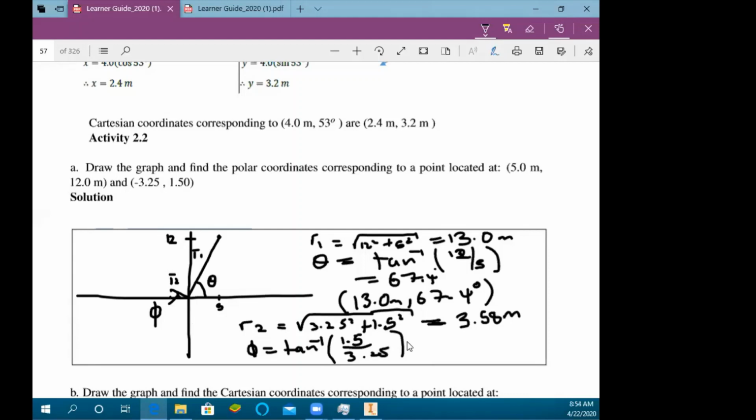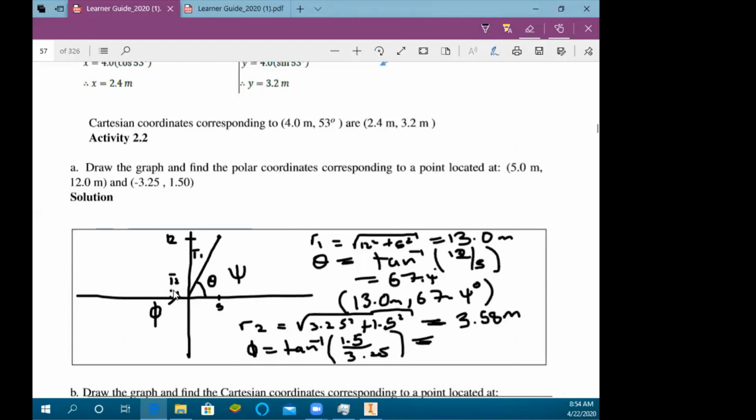No, it doesn't matter because it will give us the value of this angle. Remember, I said this angle is theta. I'm gonna have to find this angle here. Is it clear?